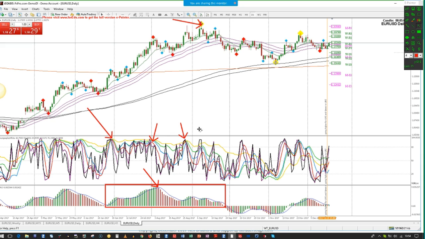Yeah, and if you're not 100% familiar with awesome oscillator divergence, let's just explore that. The awesome oscillator peak is there, but it relates to that high.